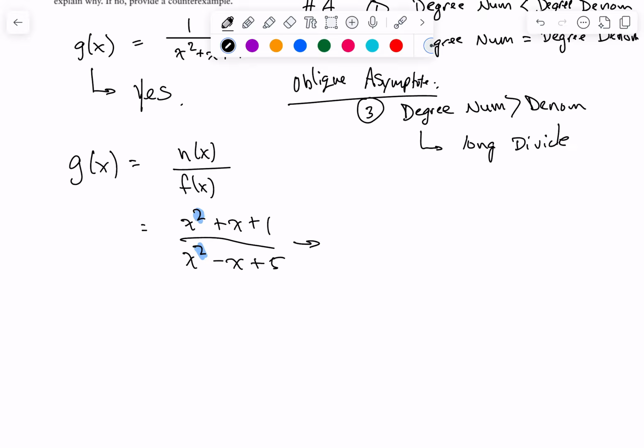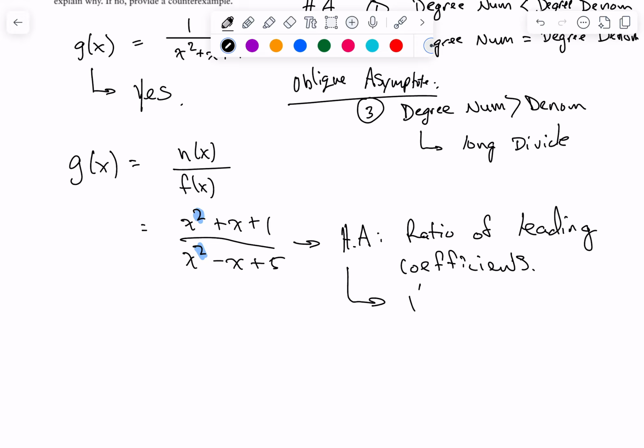So that would have a horizontal asymptote at a ratio of leading coefficients. It would be y equals 1 there. Up here it would be at y equals 0.